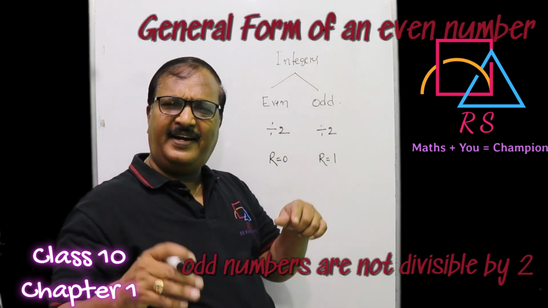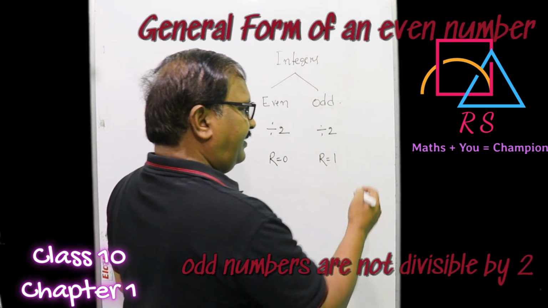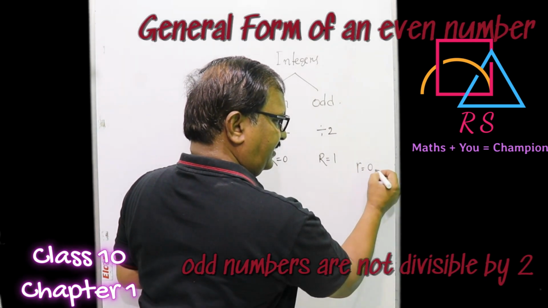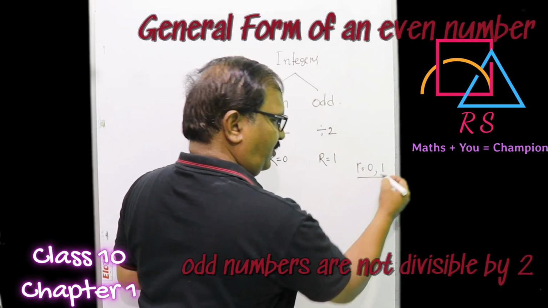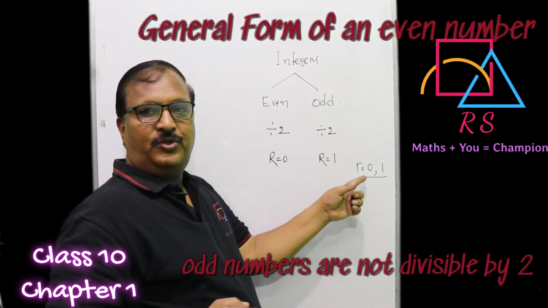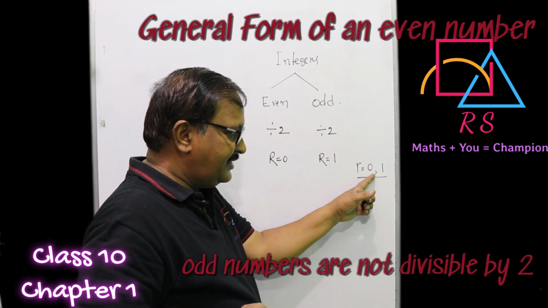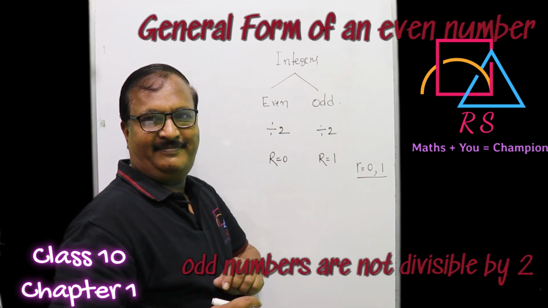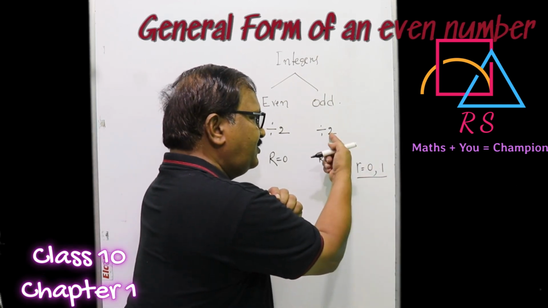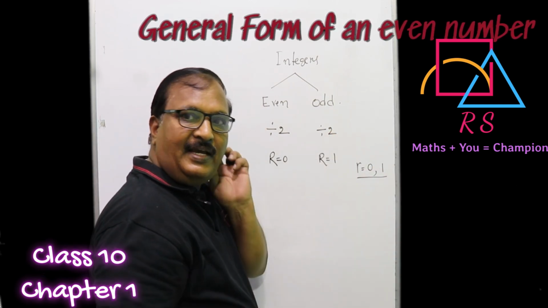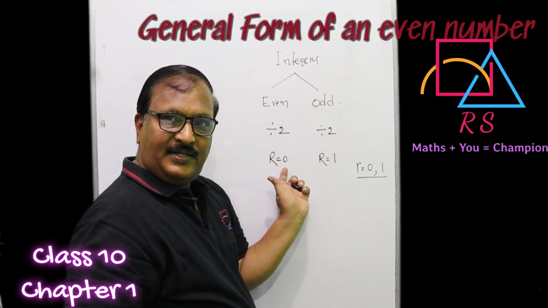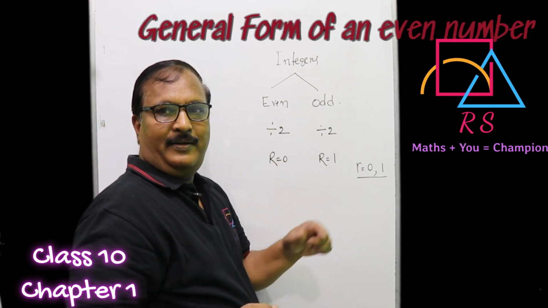When you divide any number with 2, the remainder you will be getting is either 0 or 1. When you are dividing with 2, the remainder possibilities are only 0 and 1. Okay, so the possibility is either remainder 0 or remainder 1.